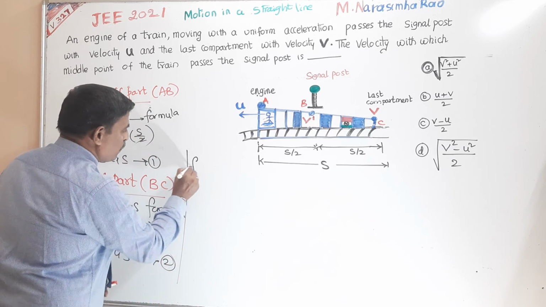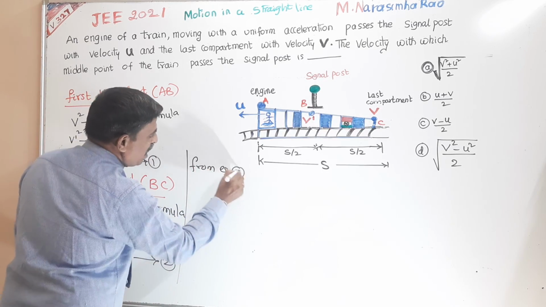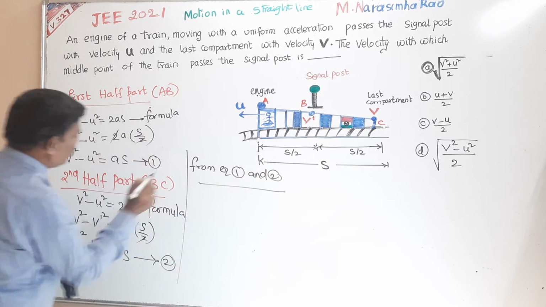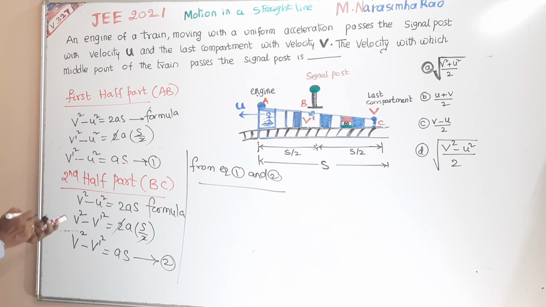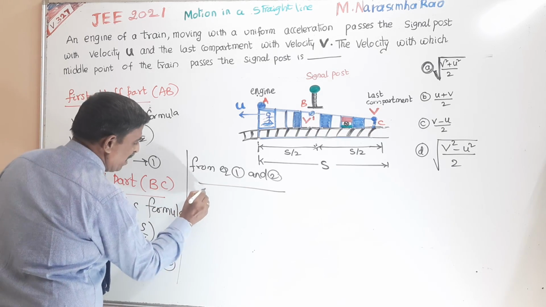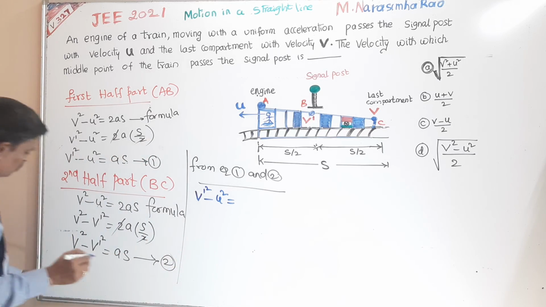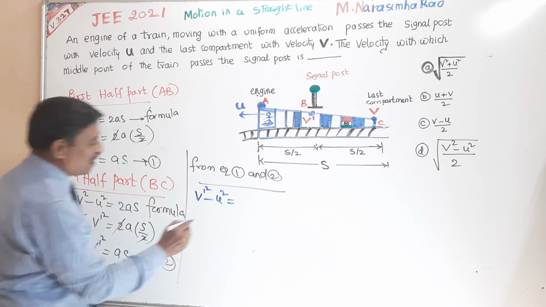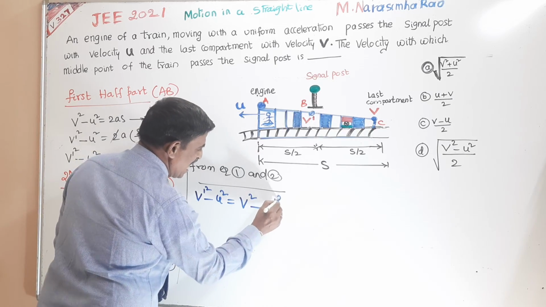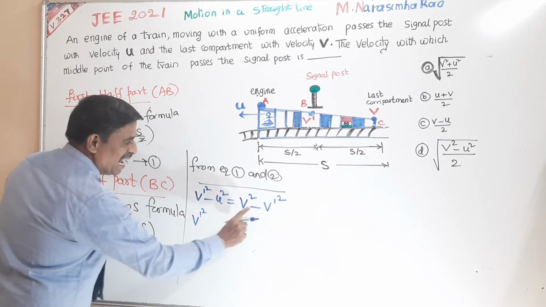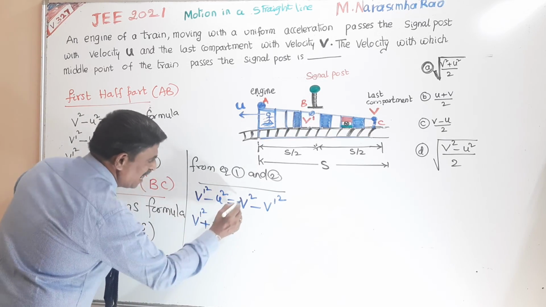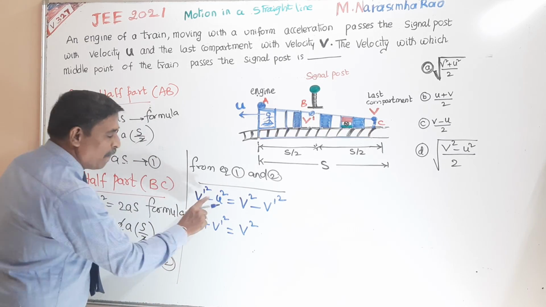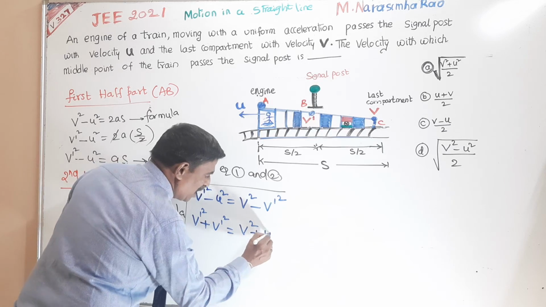From equations 1 and 2, the right-hand sides AS are equal, so the left-hand sides are also equal. V dash square minus u square is equal to V square minus V dash square. The minus V dash square comes to this side as plus V dash square, and the minus u square comes to this side as plus u square.